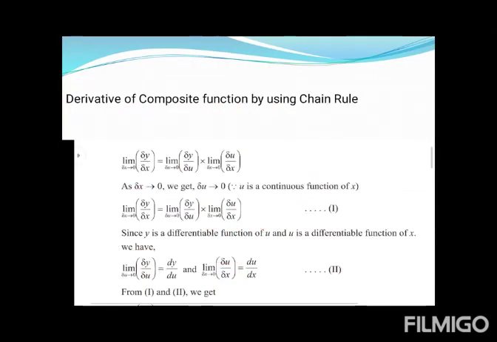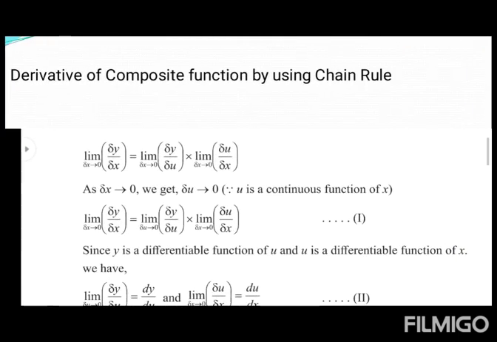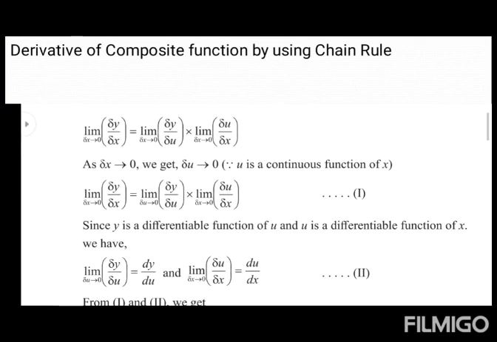Now move to the concept after taking the limit. When we take the limit on both sides, the left hand side will be the limit del x tends to 0 of del y upon del x, and the right hand side will be the limit del x tends to 0 of del y upon del u into the limit del x tends to 0 of del u upon del x.